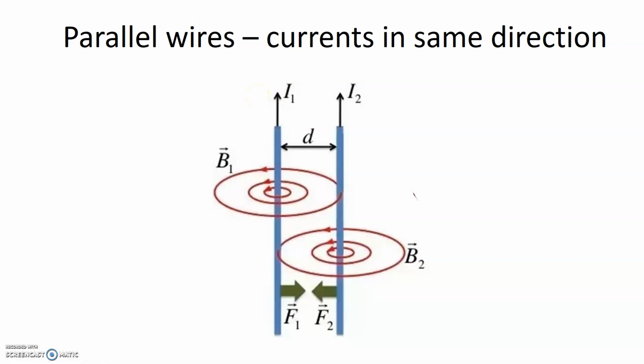And our palm then should be facing to the right. So we see that the force on wire 1 from the magnetic field around wire 2 is also pushing wire 1 towards wire 2. So both of these forces caused by the magnetic fields around the wires make the wires push together.